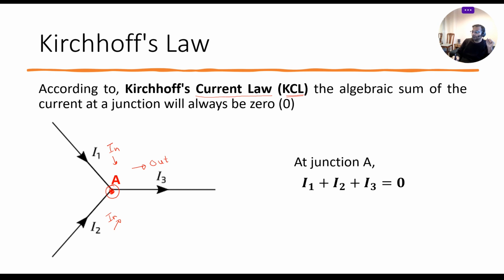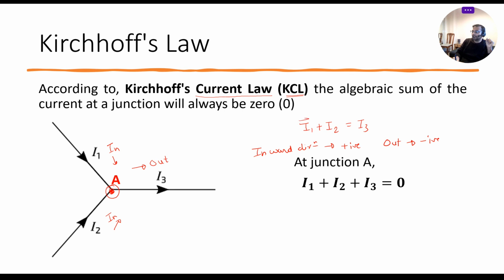So these I1 and I2, they are flowing into the junction and I3 is flowing out. Okay. So you can say I1 plus I2 will be equal to I3, or if you are considering inward direction as positive, then outward direction will be negative, right?